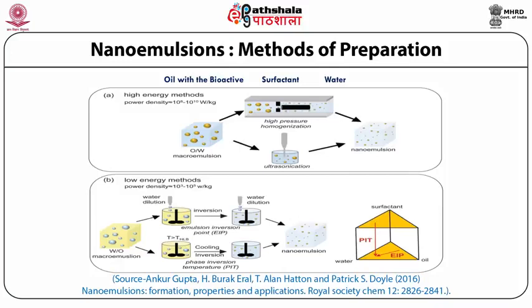Similarly, in an emulsion inversion point, water is added into the emulsion to a point where water becomes the continuous phase and oil remains as the dispersed phase. So this phase inversion leads to formation of nanoparticles.